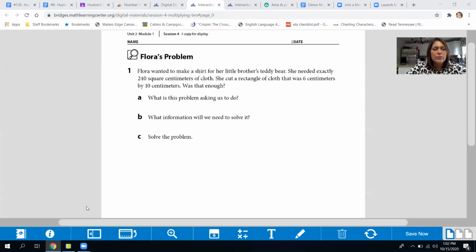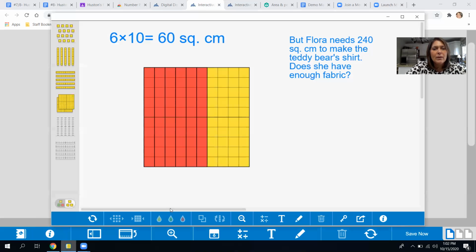I'm also sharing with you a cool app that might help some of you that are struggling with area and perimeter, and it's a visual app that you can use by using base 10 mats and strips and blocks. So this is something that I'm sharing with you on your to-do list for this week.